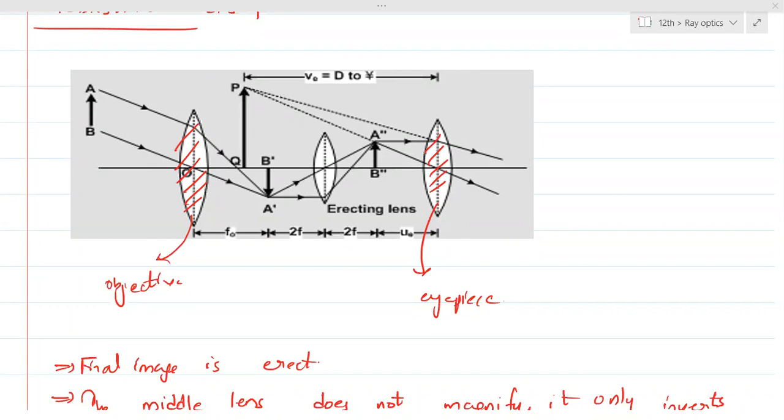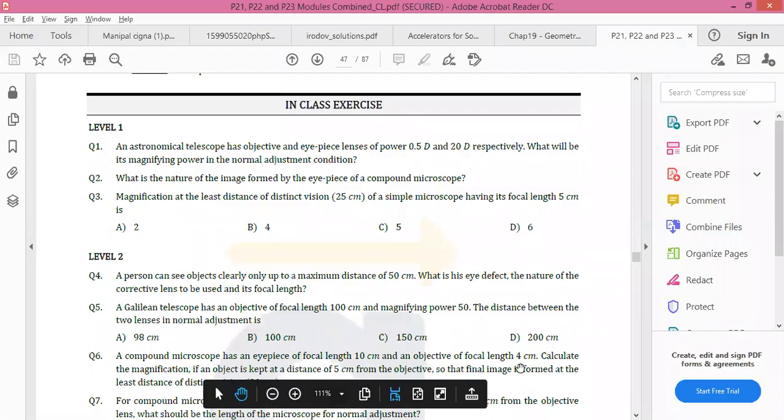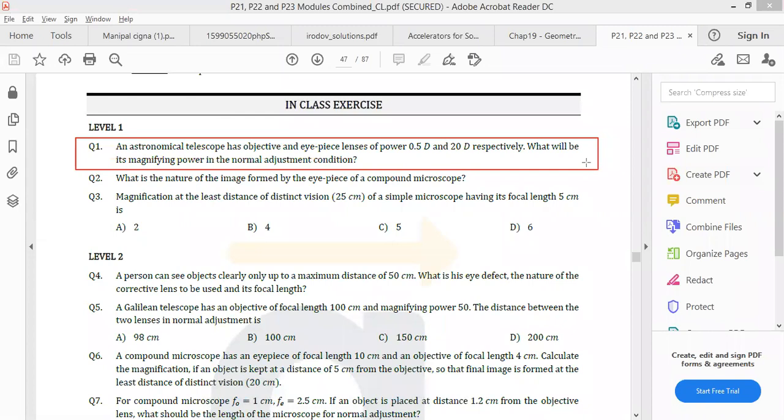Now, that won't be much required in the case of a microscope, still. So, try doing the first question here. Try doing the first one. Try doing this.